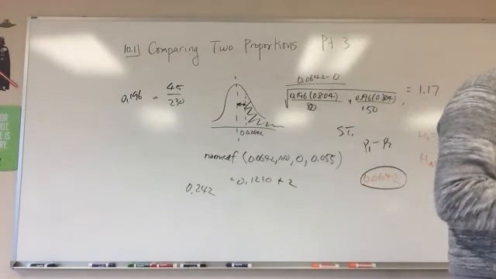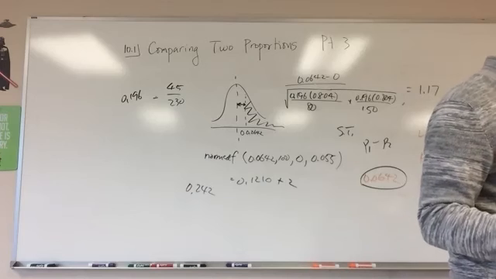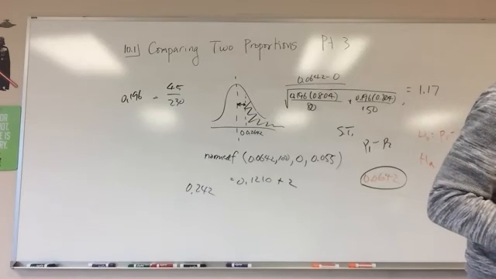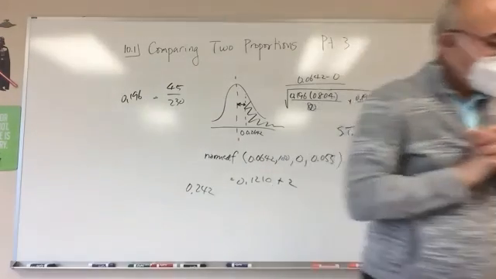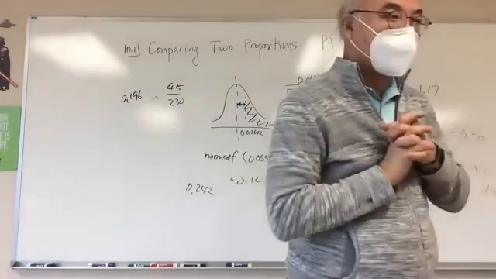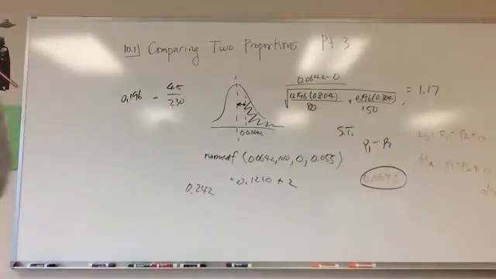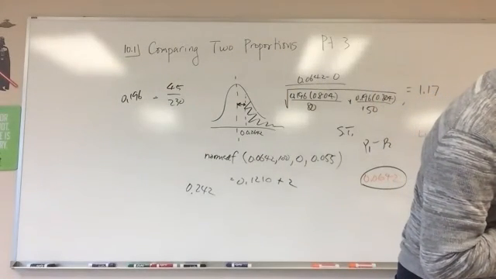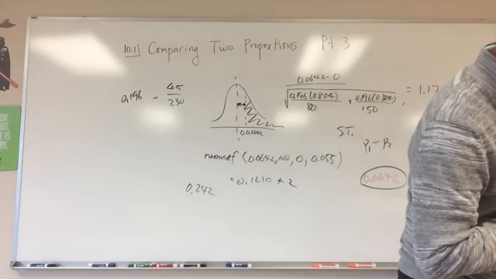Now obviously there's a way to do this in your calculator, and that's in your technology corner on page 633. It's the two-proportion z-test. It says x1, n1, x2, n2, and then not equal to here.